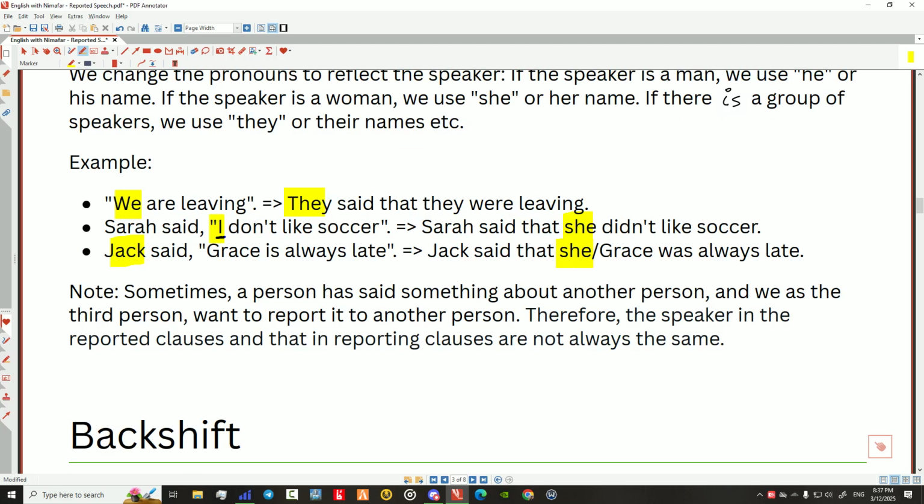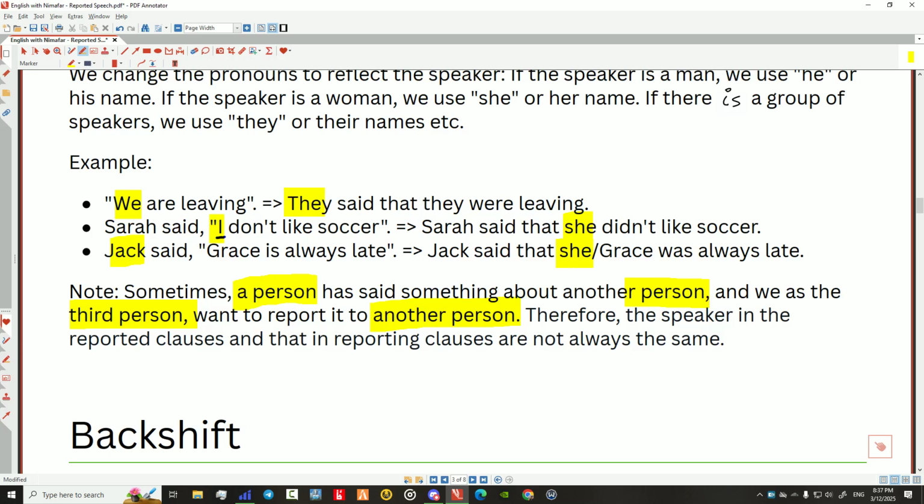Sometimes a person has said something about another person, and we, as the third person, want to report it to another person. Therefore, the speaker in the reported clause and in the reporting clause are not always the same. We have 4 people: Jack, number 1; Grace, number 2; number 3 is you, the one saying it; and number 4 is me, listening to you.